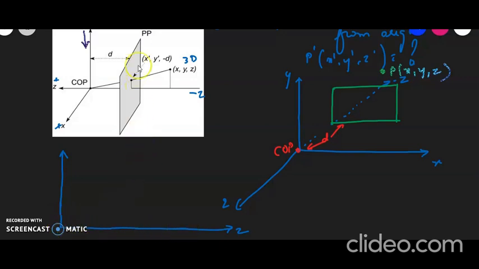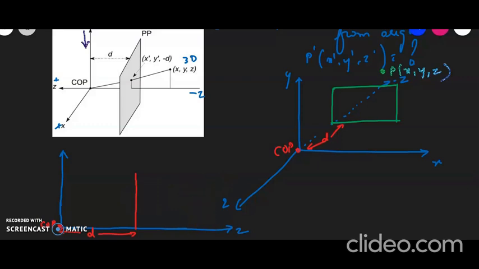Okay, so this is what I will be able to see when I look at this particular scene from the top direction. Now the projection plane, as I am taking my 2D view of this, would be a line, right? Now this line is at a distance of d from the origin. Yes, and this is your center of projection, students.